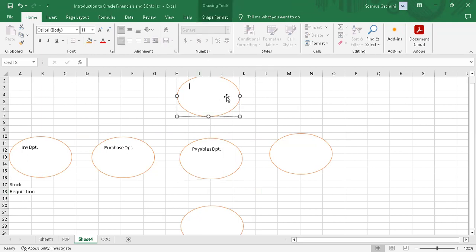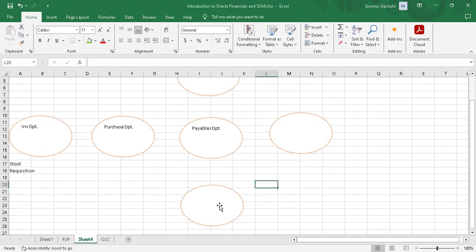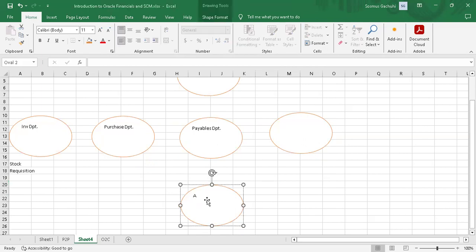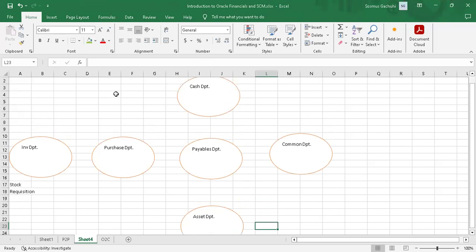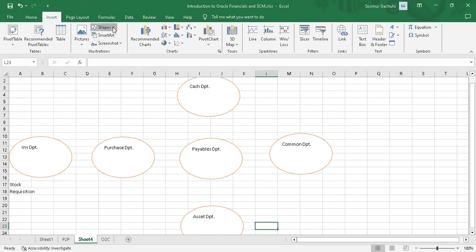Then we have the cash department. Here we can have assets. Here we can have common. So what happens is that this information has a flow.